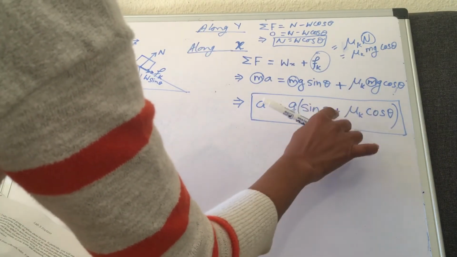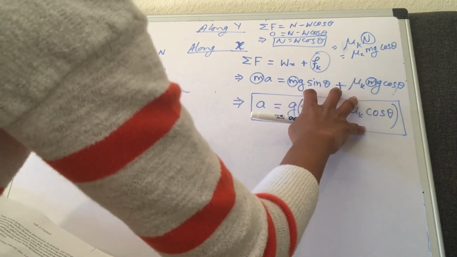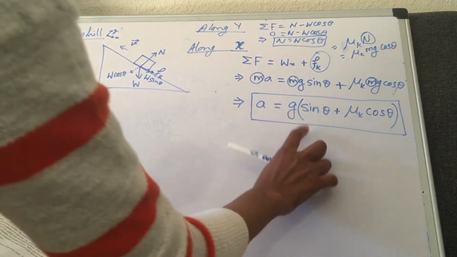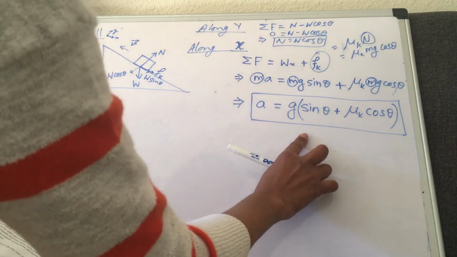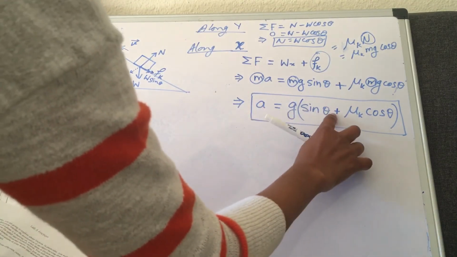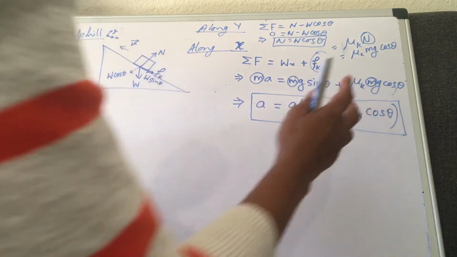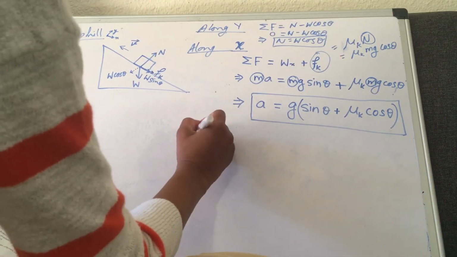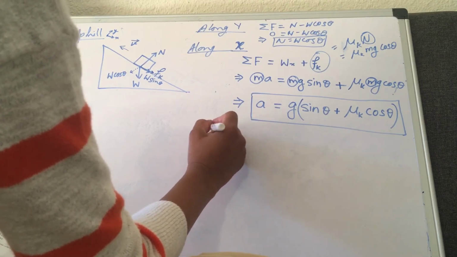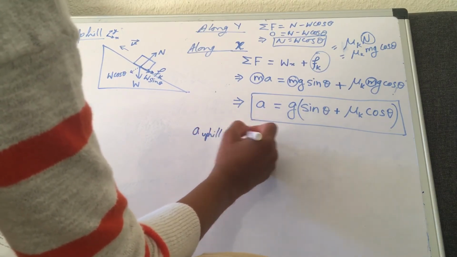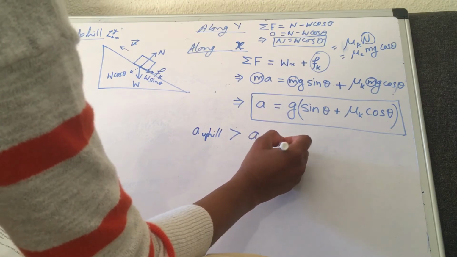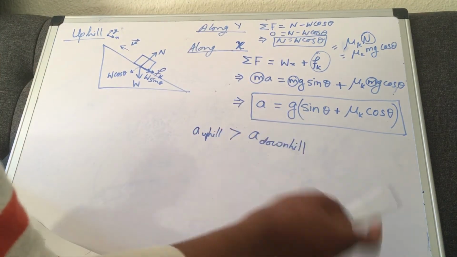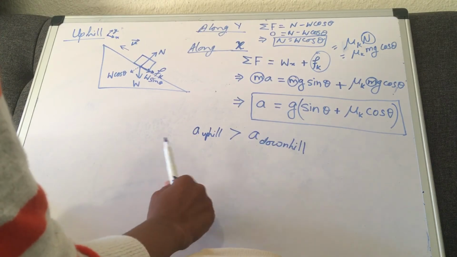If you had a minus sign here, this whole thing is going to be a smaller value for downhill motion. But for uphill motion, they're adding up, so this whole value is going to get bigger. So acceleration uphill is greater than acceleration downhill. Now you see why.